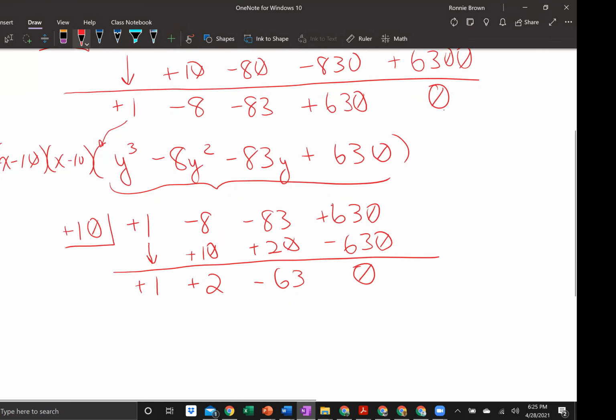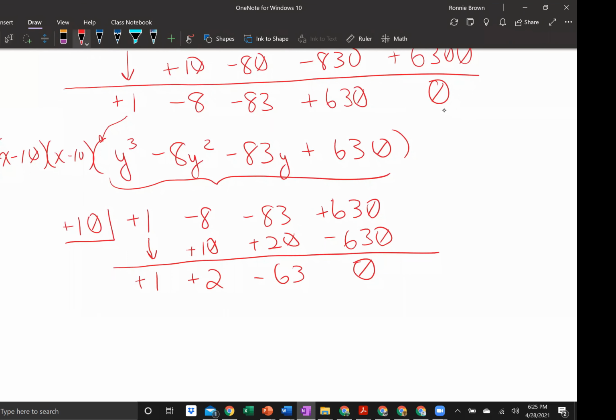All right, so now let's write our new polynomial that we get from that division. We had a y to the third right above that we divided into. So that means this drops down to 1y to the second plus 2y, right, minus 63. So we know we have that.